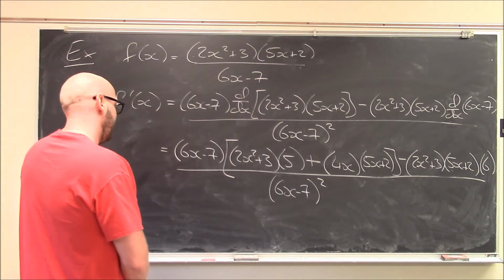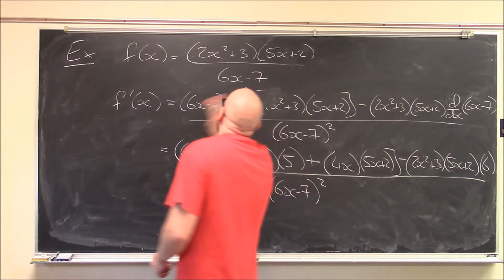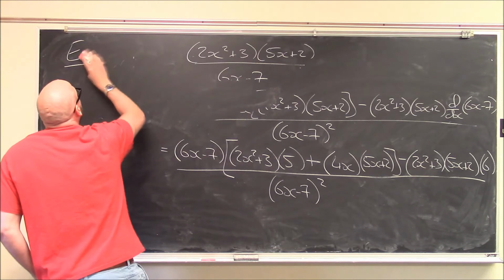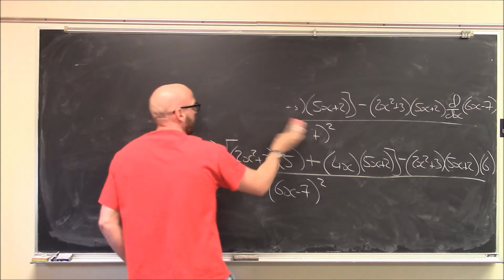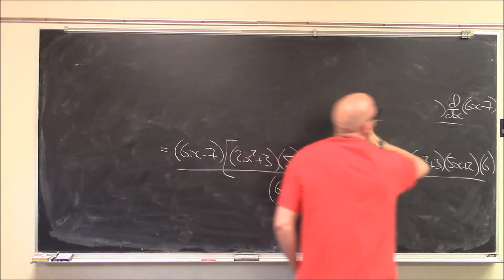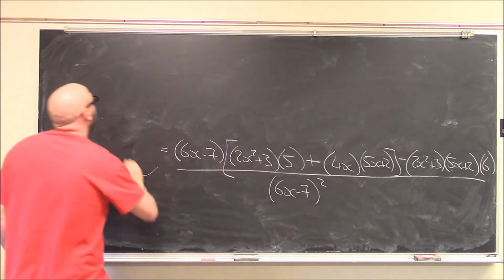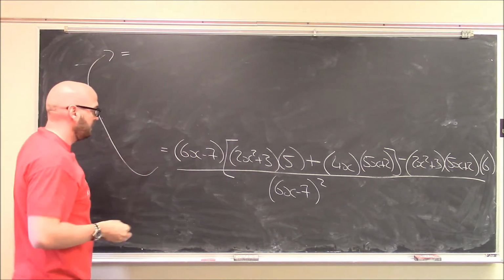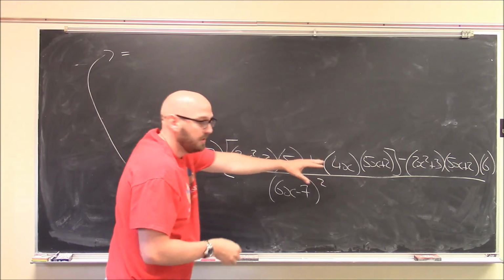I'm running out of space. Let's see. I will actually simplify this, but I need more space, so we'll bring this up here. What do we have? I'm going to combine everything in these square brackets first.